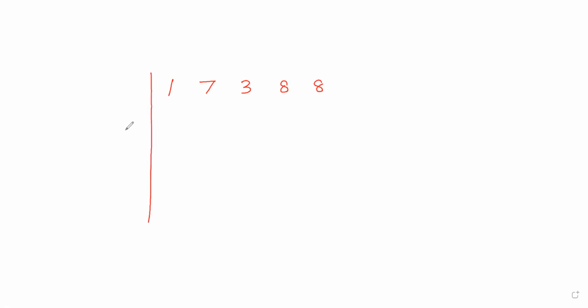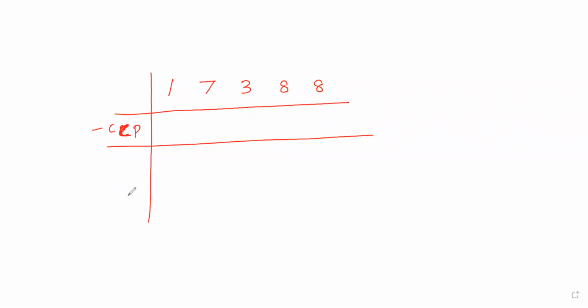Right. In the first step, we are doing crisscross subtraction. Remember, crisscross product. So here we are doing the division.